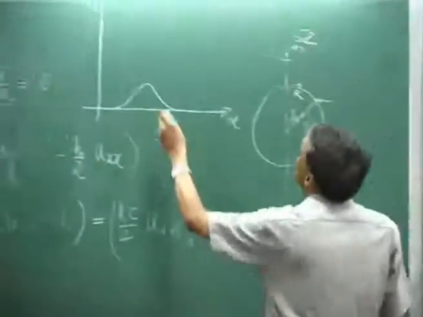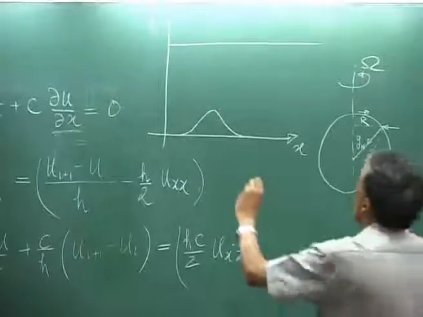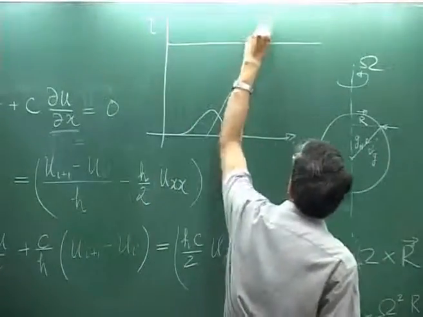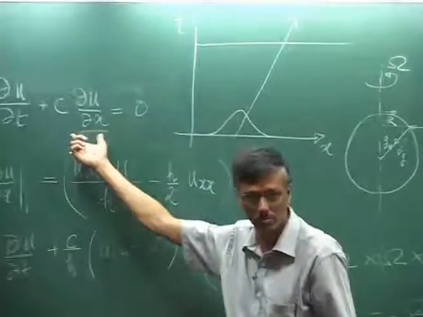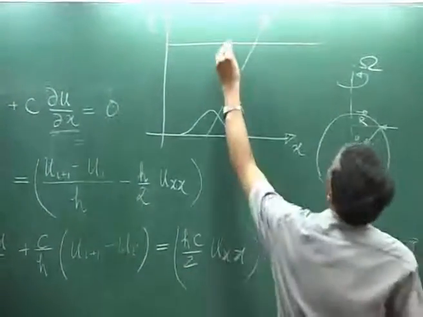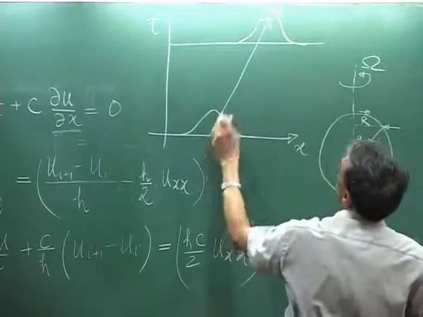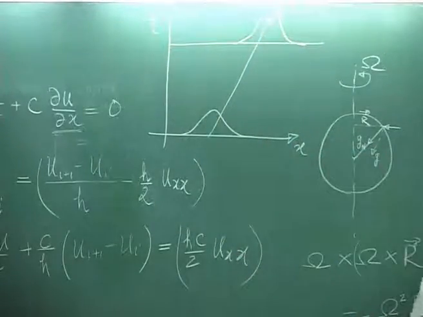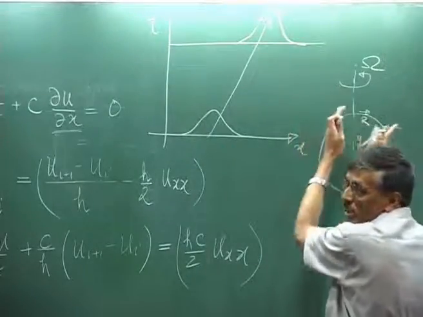At a later time, what do I expect to see? That this should go to the right at a speed c. That is what this equation tells you, right. So, I should actually get a solution which should be just that. There is no attenuation, there is no dispersion, whatever I have given, the same solution is bodily moving to the right.